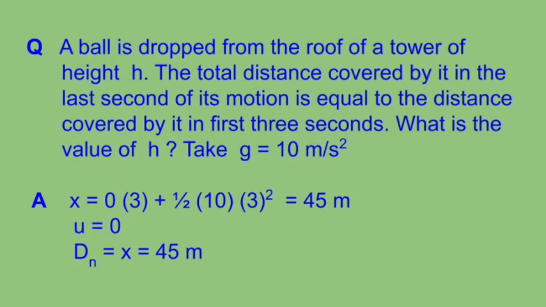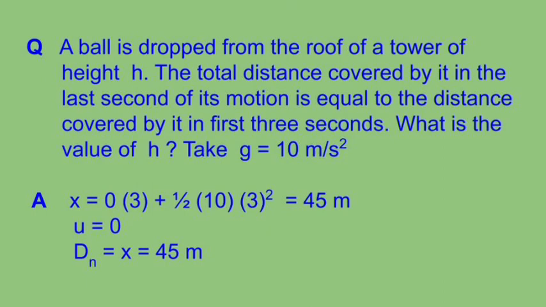The solution is, the distance covered in the first 3 seconds is, suppose, x. Here we will use the second equation, h is equal to ut plus half gt square. The initial velocity u is 0 since the ball is dropped. So x comes out equal to 45 meter.